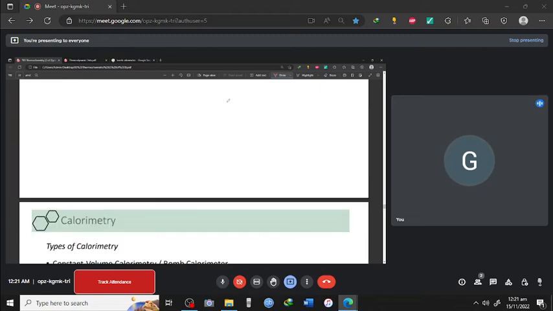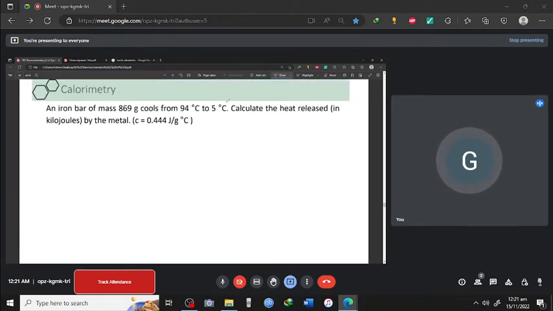Okay? So ito yung next question natin. An iron bar of mass 869 grams cools from 94 degrees Celsius to 5 degrees Celsius. Calculate the heat release in kilojoules by the metal. As you can interpret from our question, something na pwede nyong inote agad is that the process is exothermic.